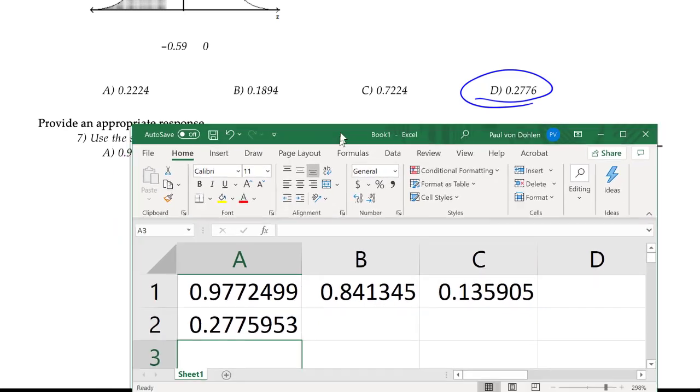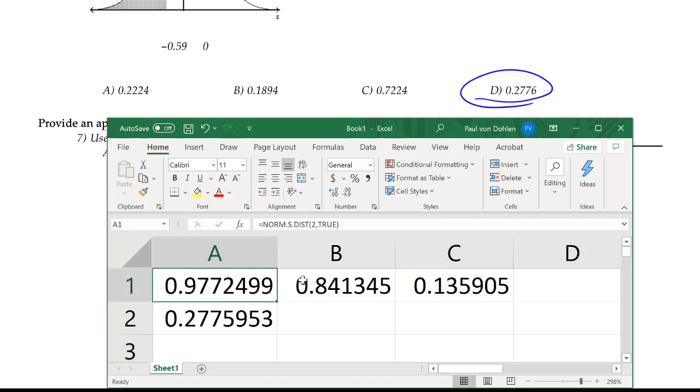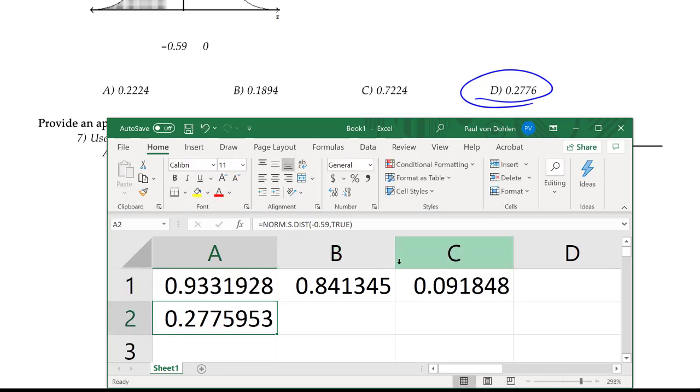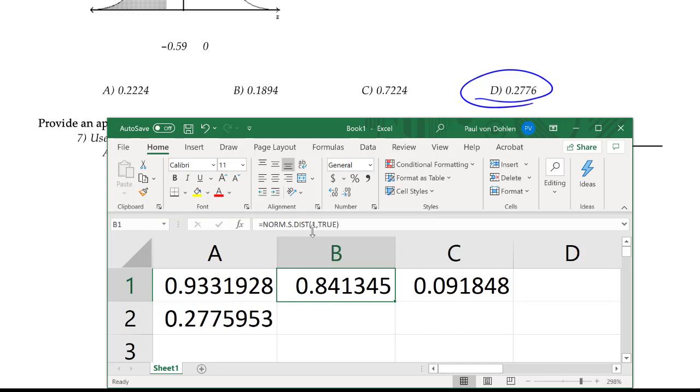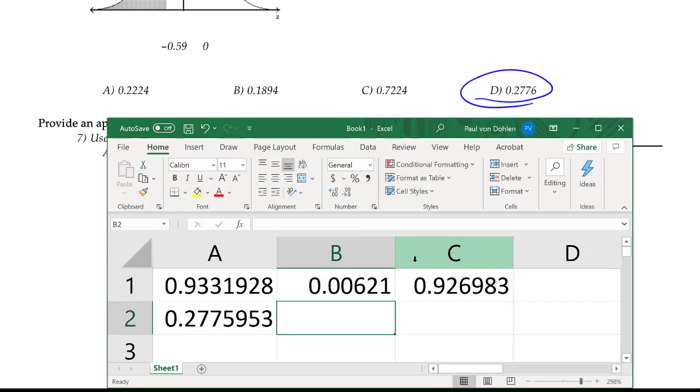So we're actually going to do the 1.50, and then subtract the negative 2.50, and we should get about 0.9270.